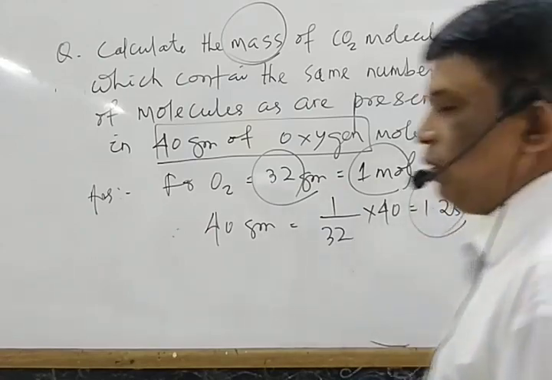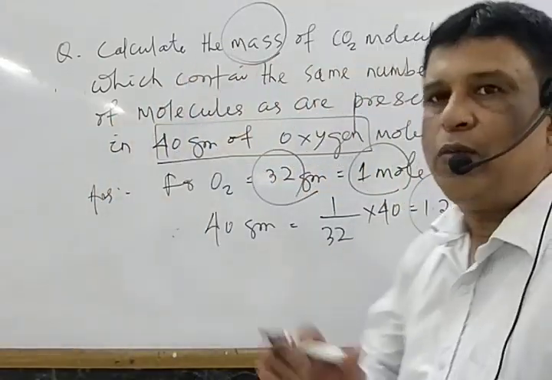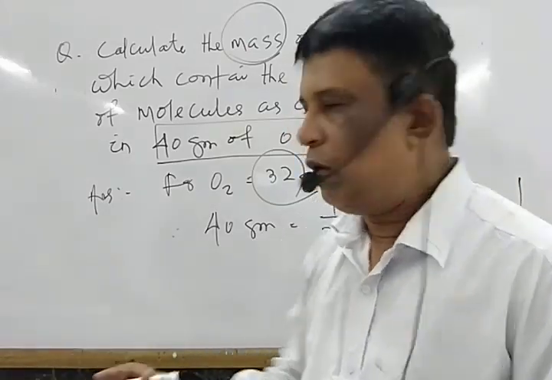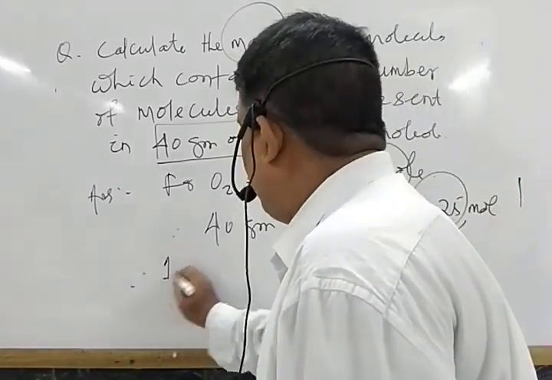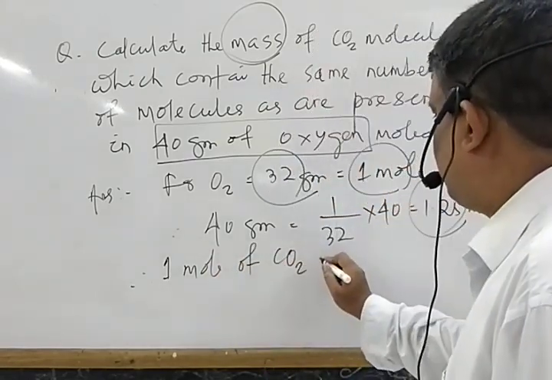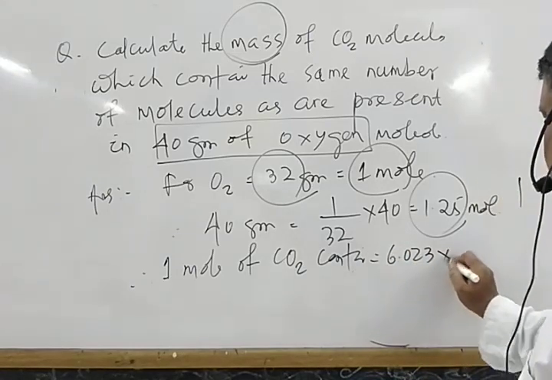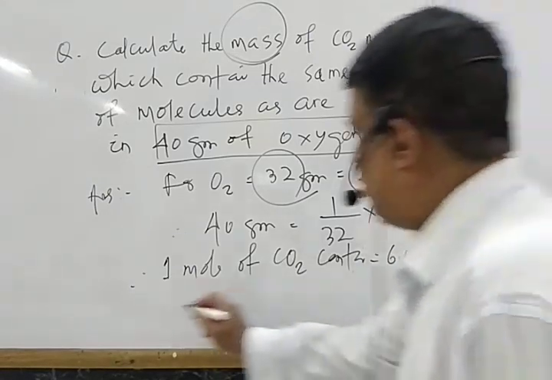Irrespective of carbon dioxide or oxygen, 1 mole contains Avogadro number of molecules. That means 1 mole of CO2 contains 6.023 into 10 to the power 23 molecules.